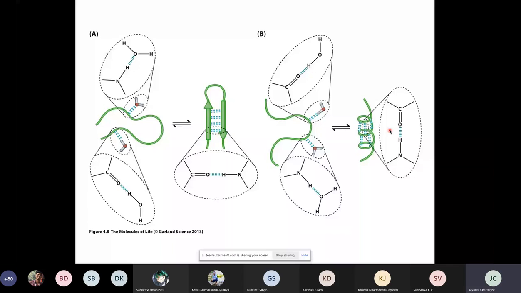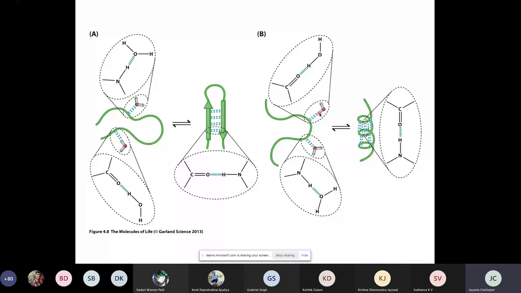When it was in an unfolded state, the NHs and COs, there are many amino acids which are polar groups, right? Including aspartic acid, asparagine, tyrosine. You have the COs and the NHs, and they engage in the formation of intermolecular hydrogen bonds with water, right?